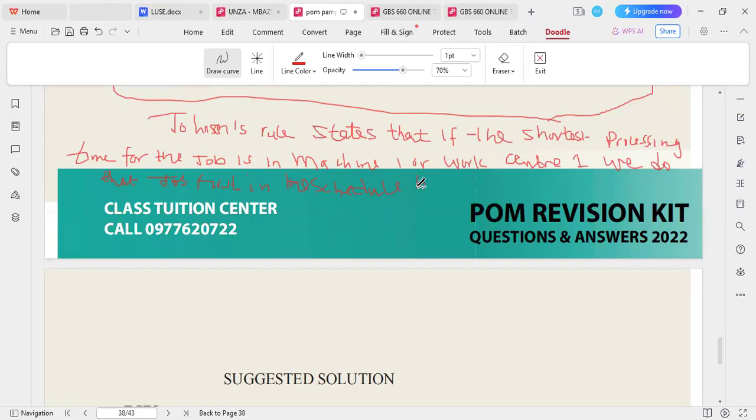But if it is in machine 2 or work center 2, we do that job last in the schedule.